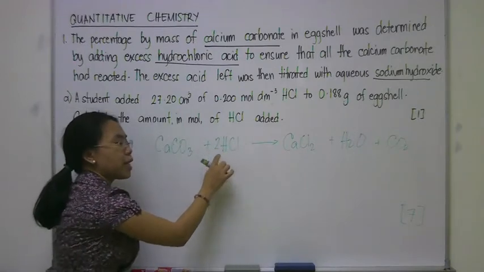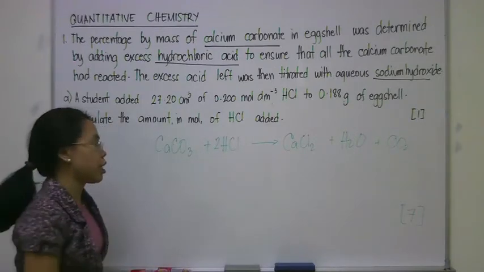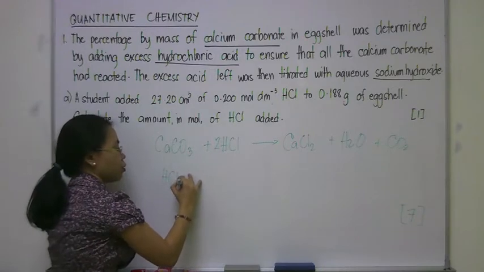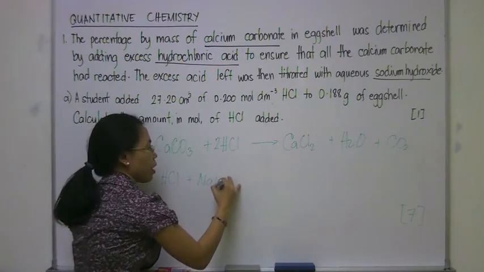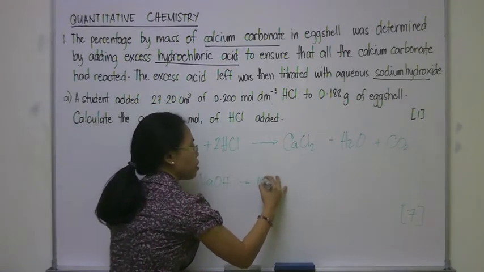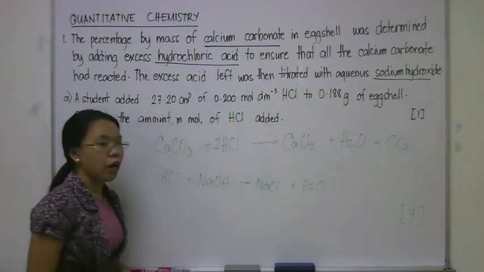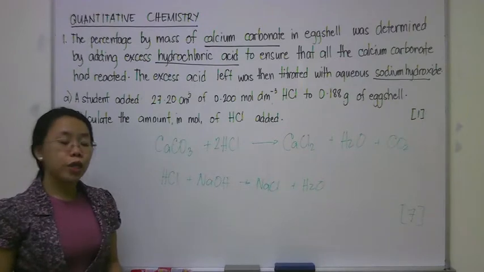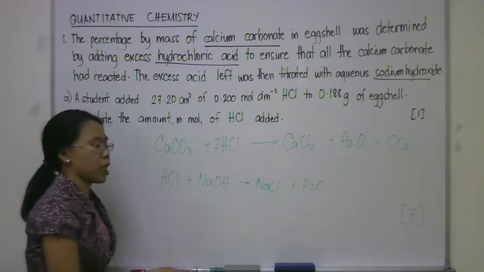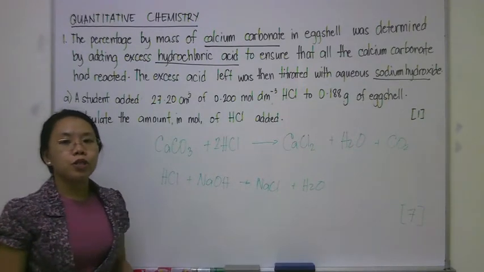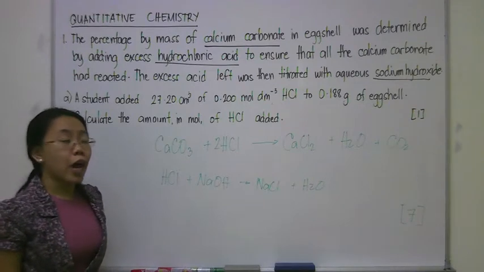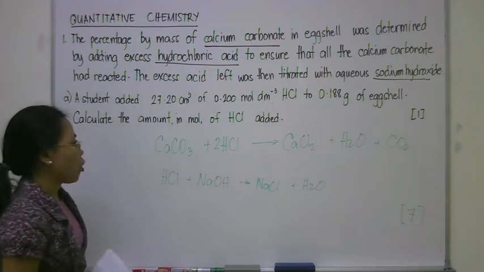Okay, the remaining HCl is then titrated with sodium hydroxide, producing salt and water. Okay, so it will be easier for you to solve this type of problem if you've understood the reaction that takes place.